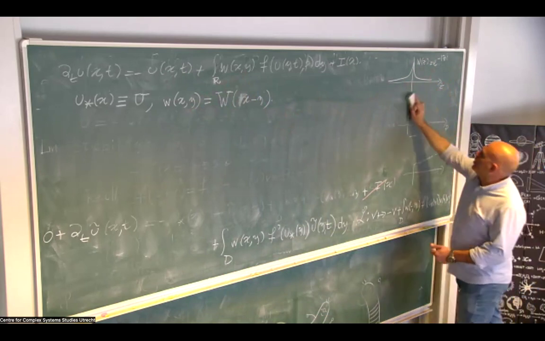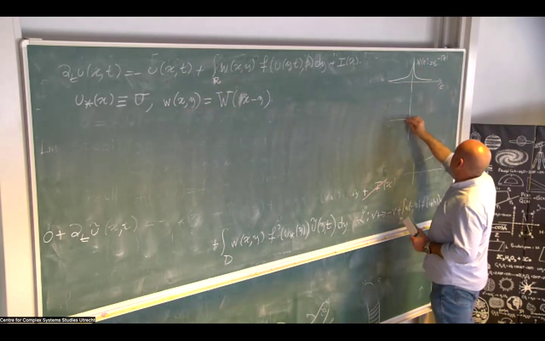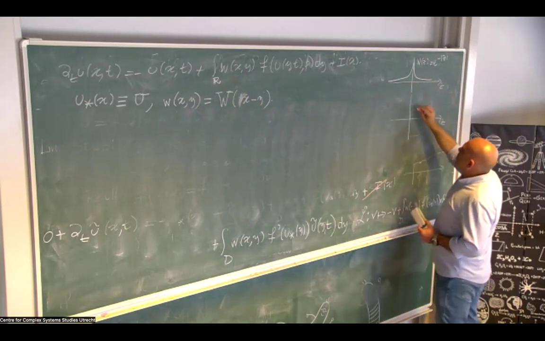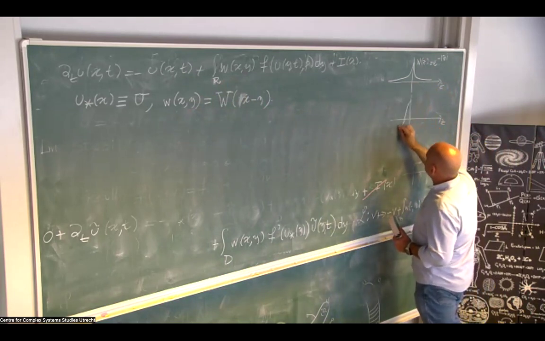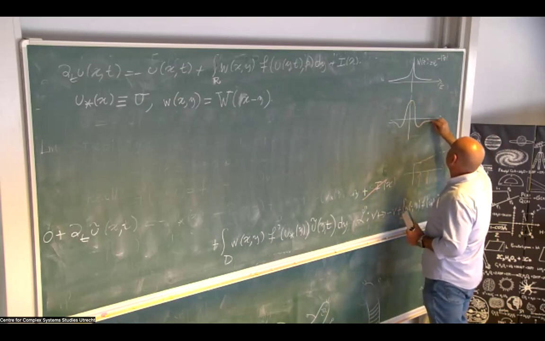Another very popular choice is a kernel that is of excitatory-inhibitory type. So you take kernels that are also distance dependent, but they don't always have a positive sign.